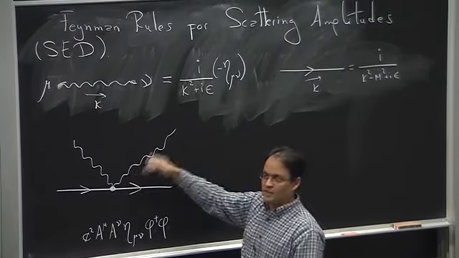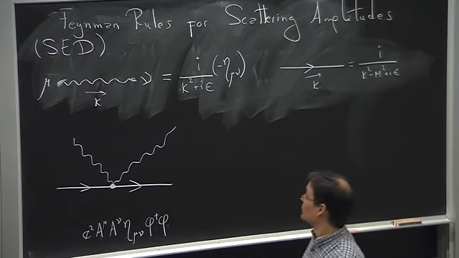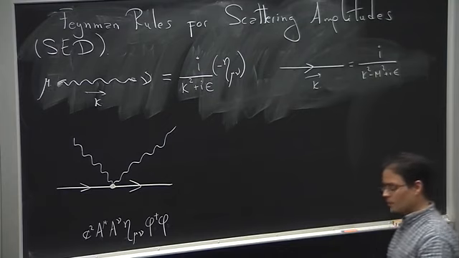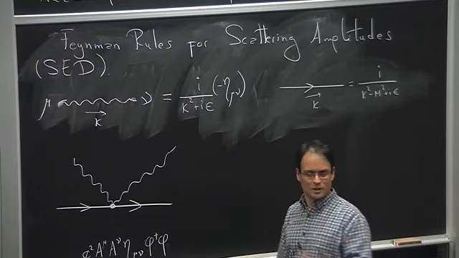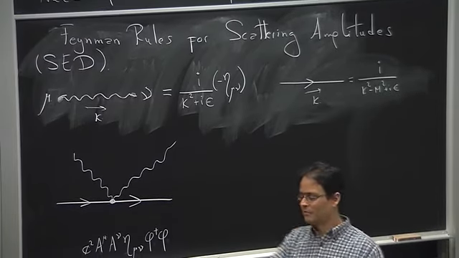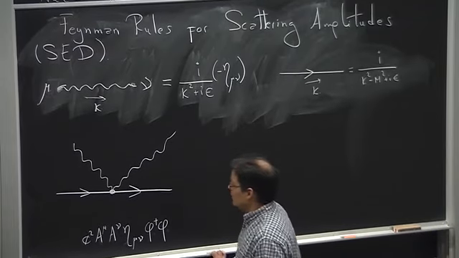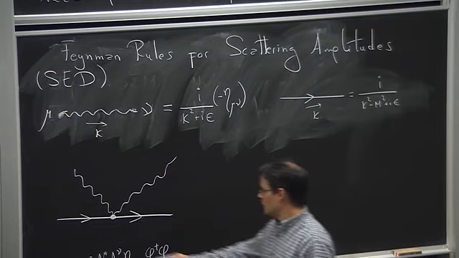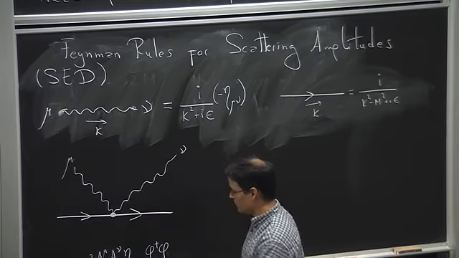So the wiggly line is a standard notation for any vector boson, okay? This is a vector particle. Well, not true. Sometimes people denote it as something that goes around and around, as in a spiral, but not for photons. Photons are always denoted like this. So we have two possibilities. We have a mu and a nu, okay?